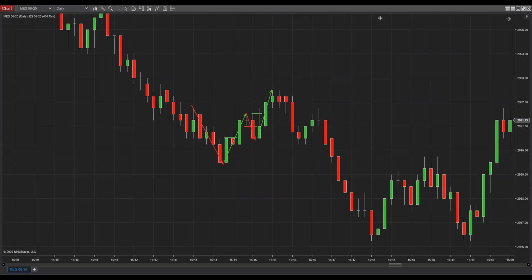Now to count legs. We've already seen that this is a down leg. This leg will be the first leg down, and I will signify it with a 0.